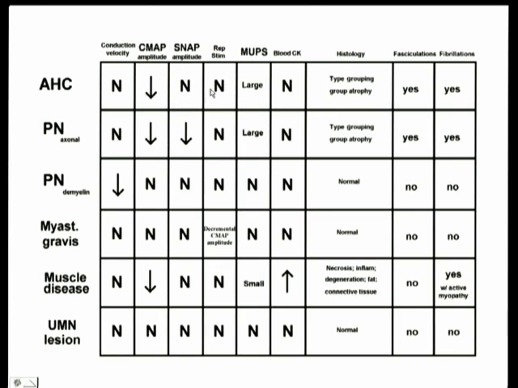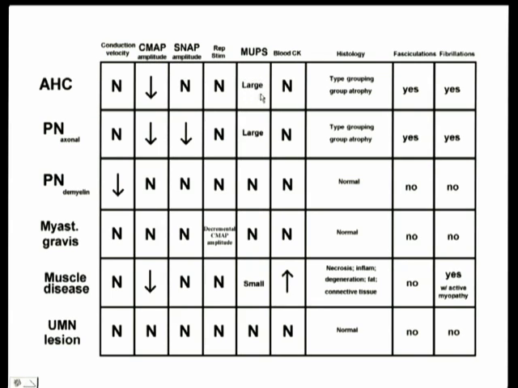Repetitive stimulation is okay. That is, when you stimulate the nerve with the dying axons in it, the CMAP is going to be down, but it's not going to decrease in size as you repeatedly stimulate it. Now, since some of the axons coming out of the ventral horn are dying, you're going to have some reinnervation, and that means that the motor unit potentials would be larger.